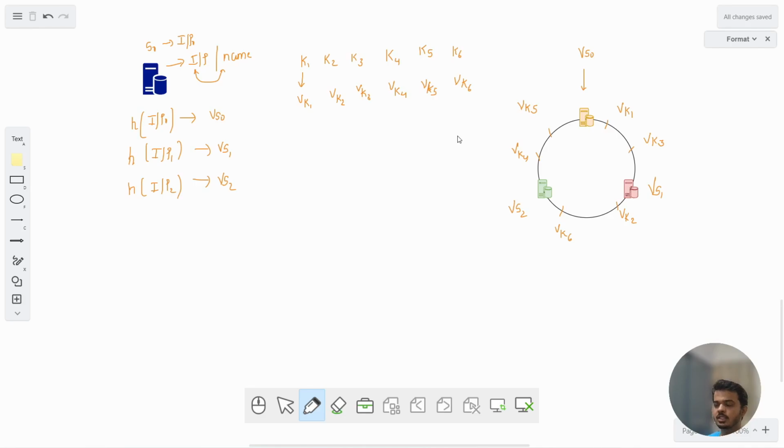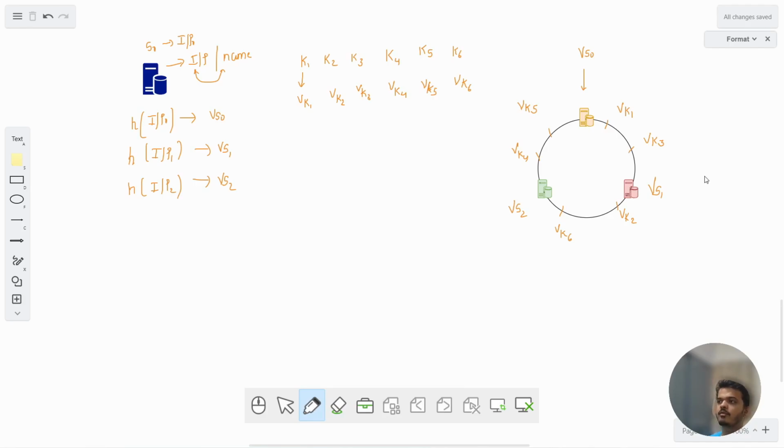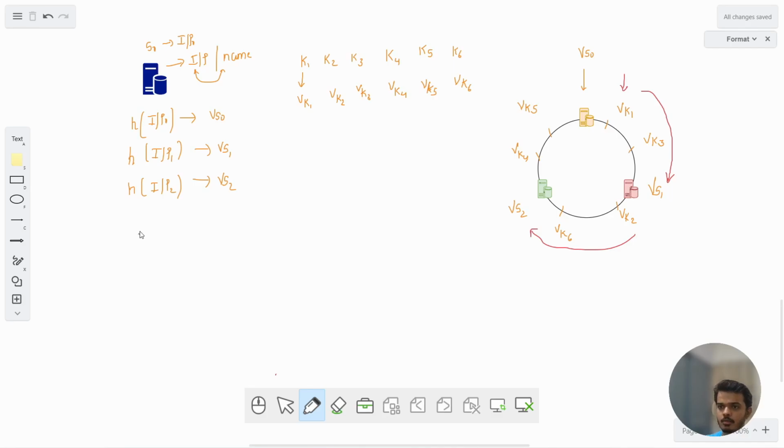Now what does consistent hashing say? Consistent hashing says that wherever a key has been mapped onto the hash ring, from that position you go in the clockwise direction, and whichever server you encounter first, that is going to be your server. So we have three servers: S0, S1 and S2.